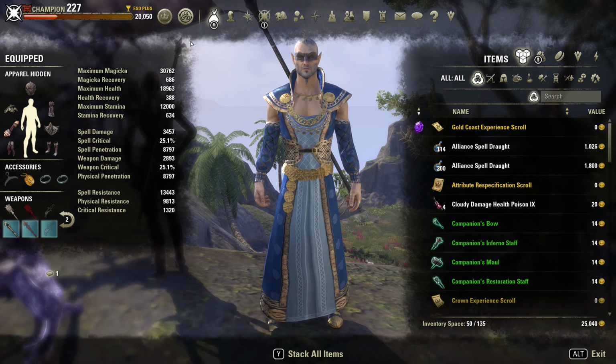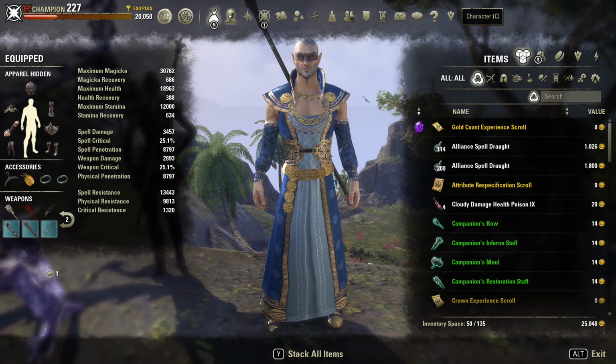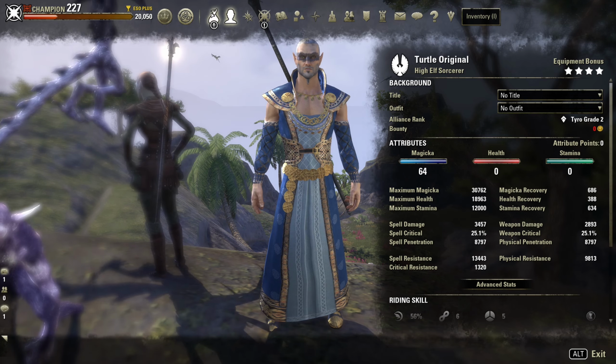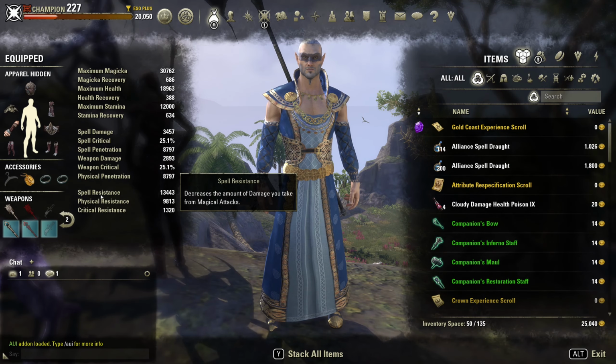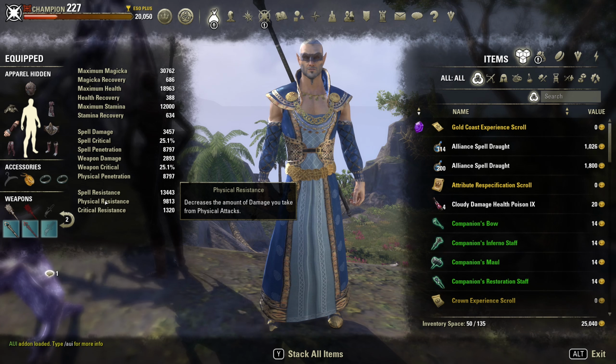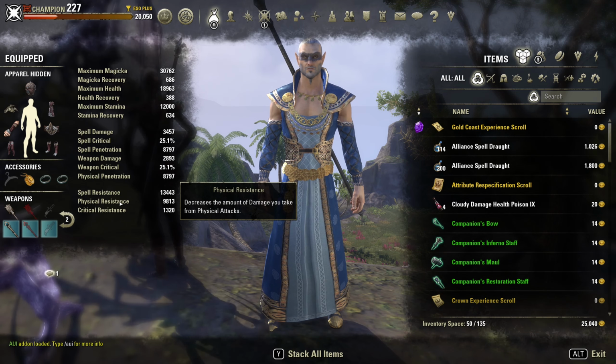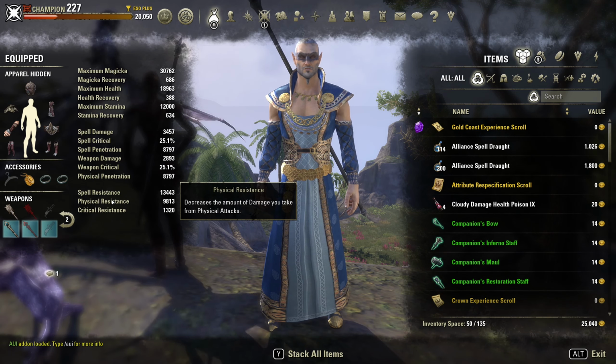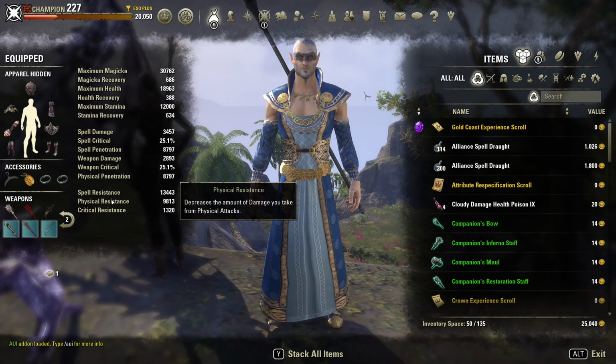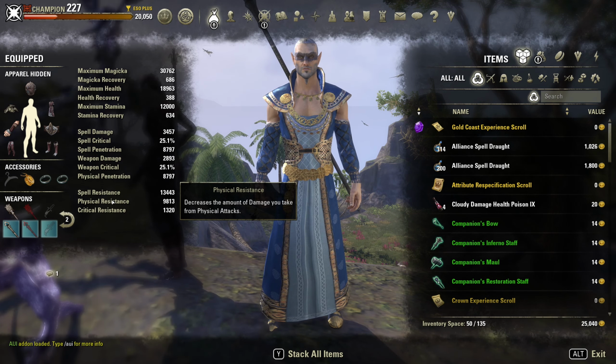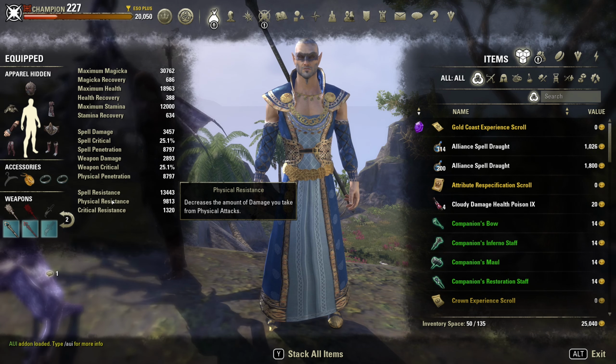Then if you open your inventory or character page, you will be able to find statistics like spell resistance and physical resistance. And at first, if you just hover over that, it doesn't tell you anything. It's like, decrease the amount of damage you take from physical attacks. But by how much?